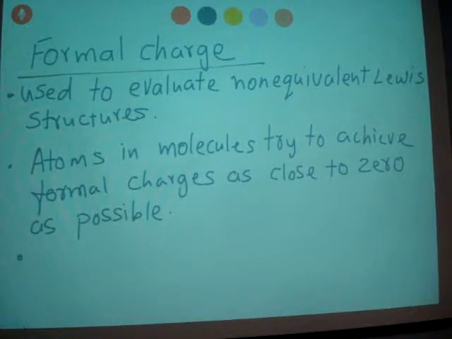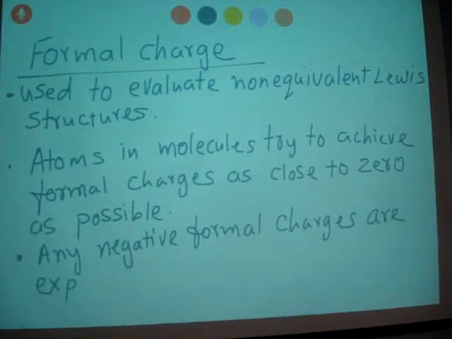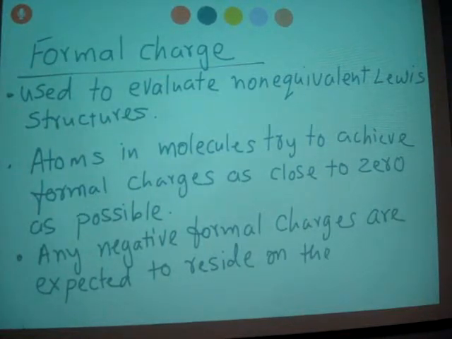So any negative formal charges are expected to reside on the most electronegative atom.